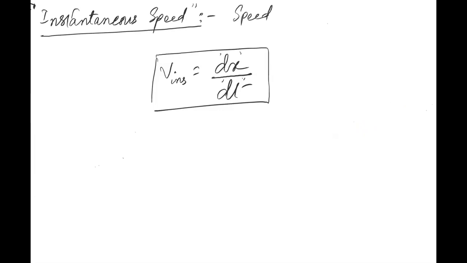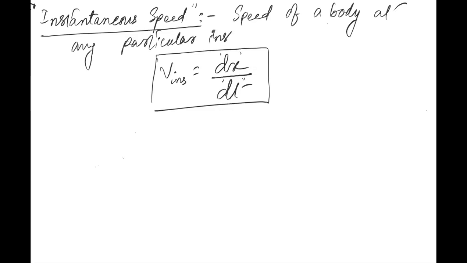Speed of a body at any particular instant is known as instantaneous speed. ठीक है, and how would it be calculated? It would be calculated by the differentiation of x with respect to time. And what is this x here? So x is the distance. Is it clear? Is it clear to everyone? Note कर लिया आप लोगों ने?